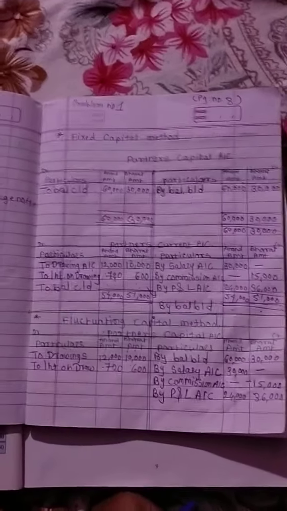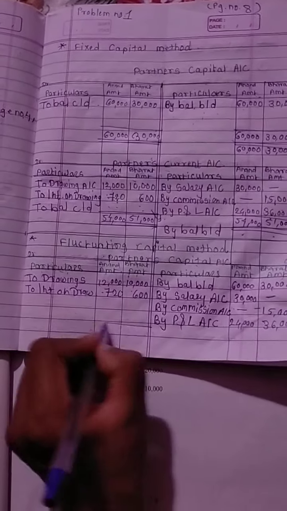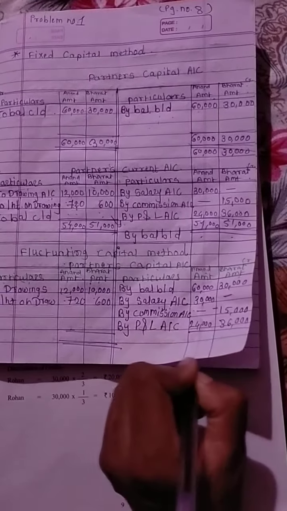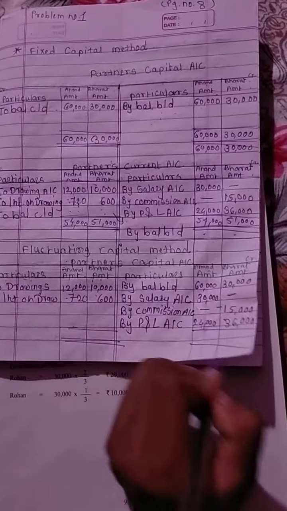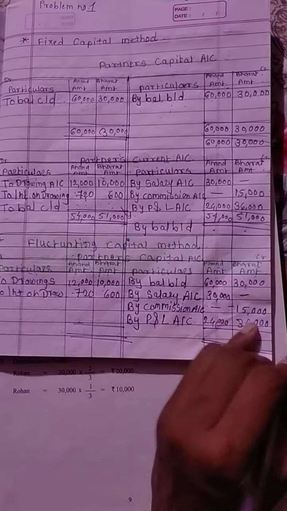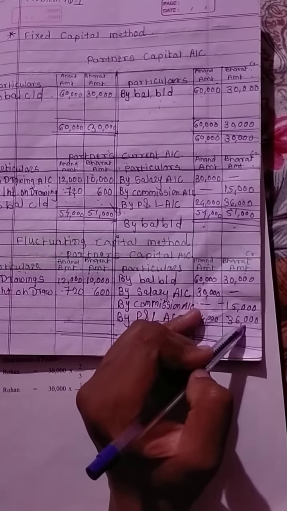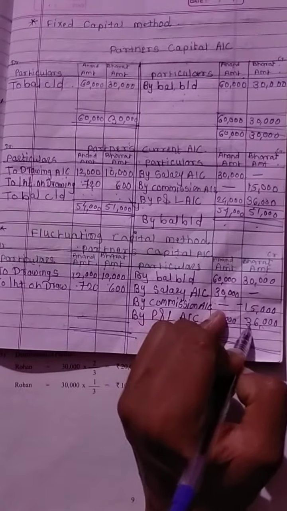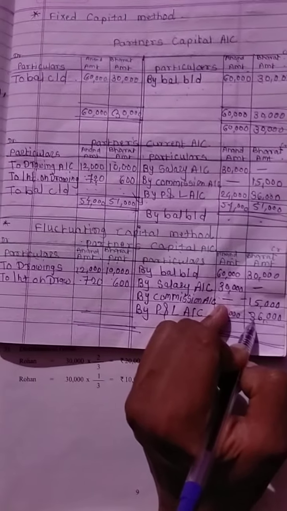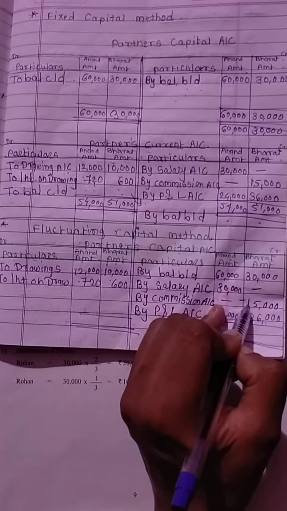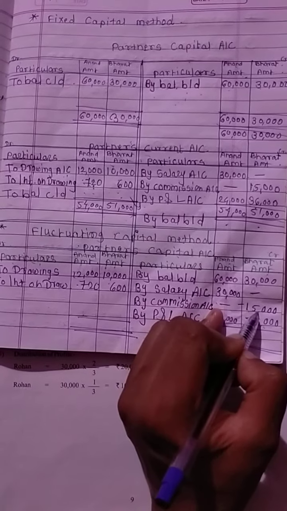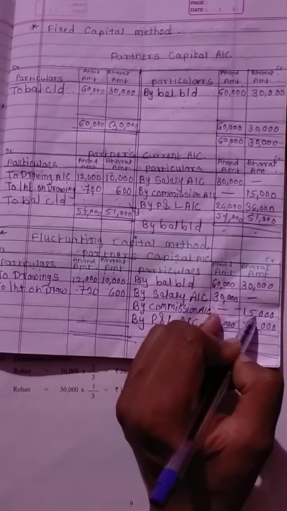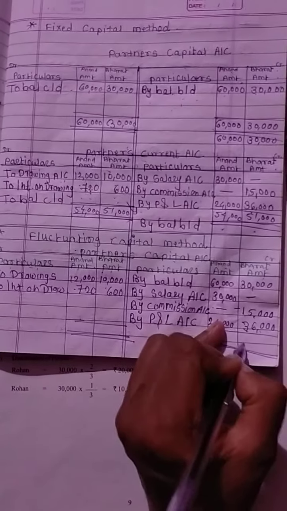Okay, so here also now we have to do the closing of our accounts. What are we doing here? Do the total of this. 30,000 plus 36,000 is 66,000. 66,000 and 10,000, 76,000. 76,000 plus 5,000 is 81,000.